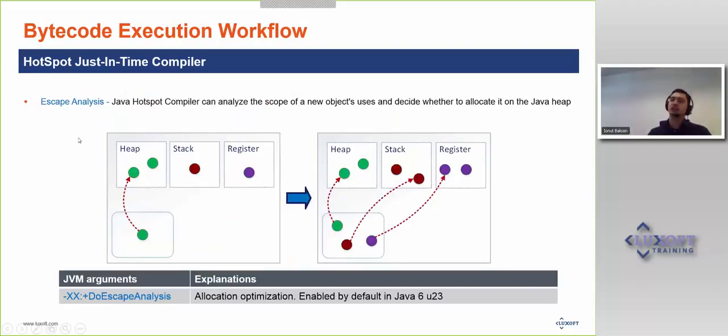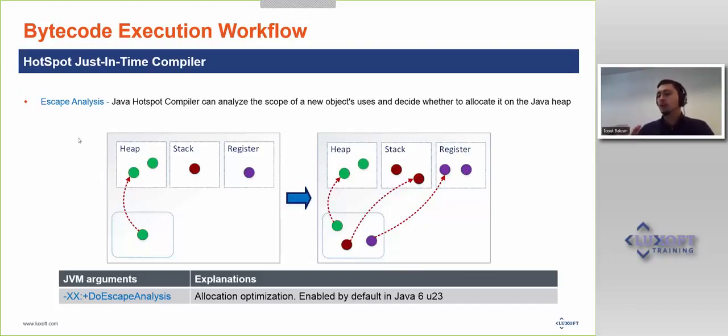Another interesting optimization is escape analysis. It means it doesn't make sense to create an instance of an object and push it on the heap if the scope of the object is local.